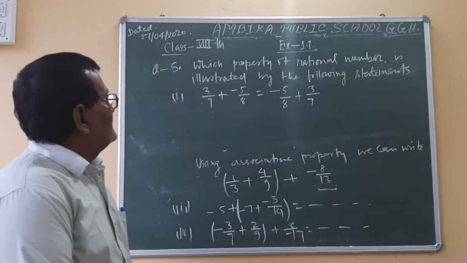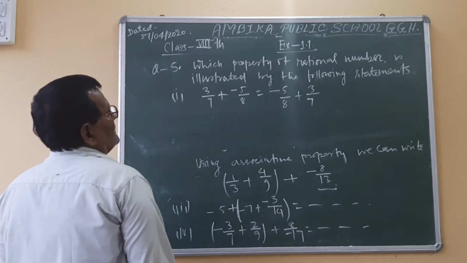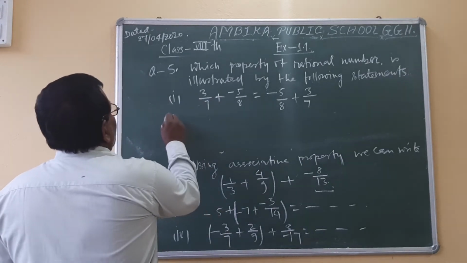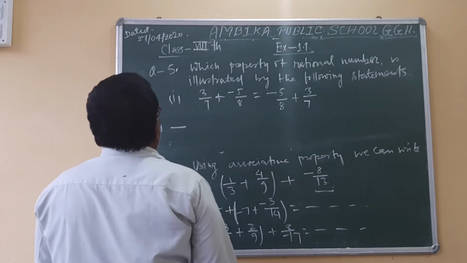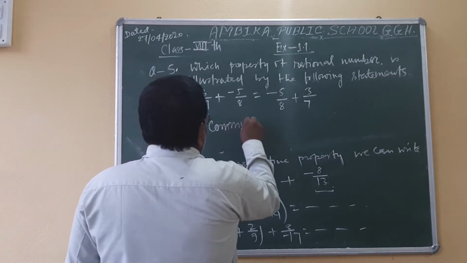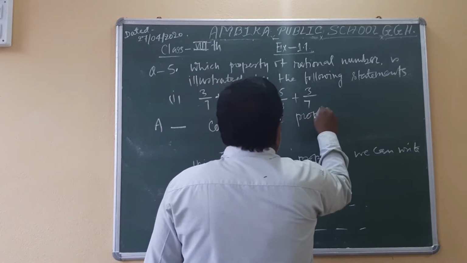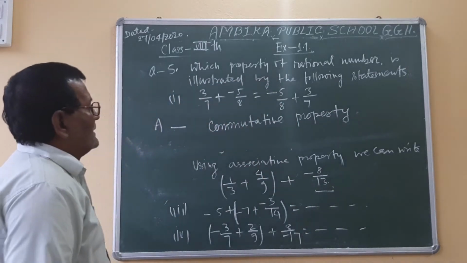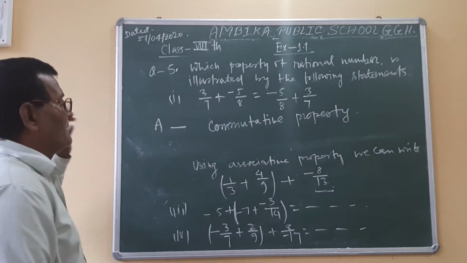So for question number 1, we can write commutative property. We have to only write the name of the property illustrated by the following statements.